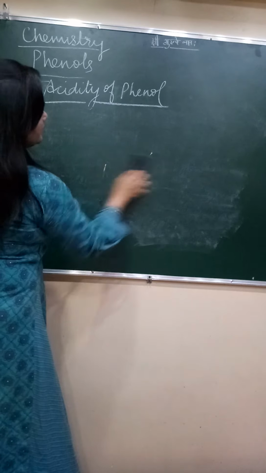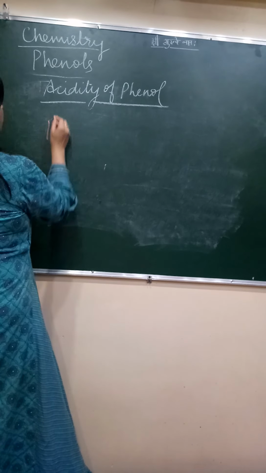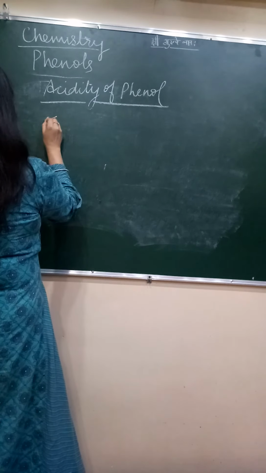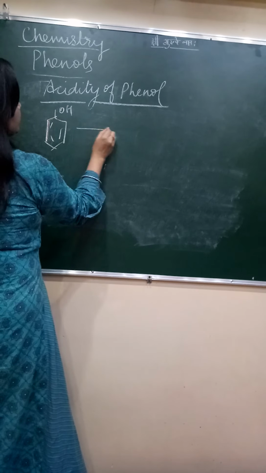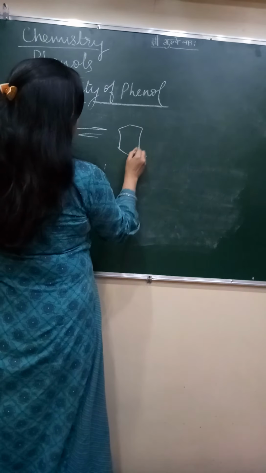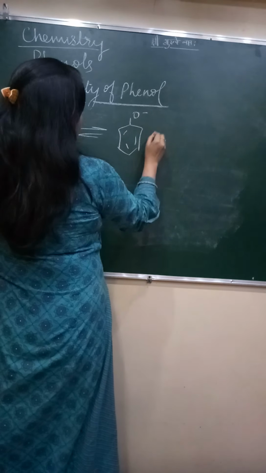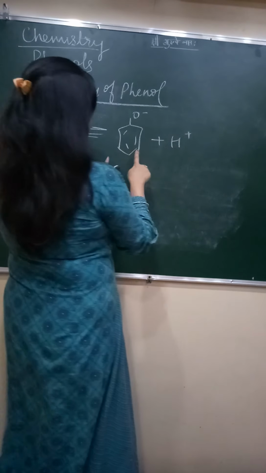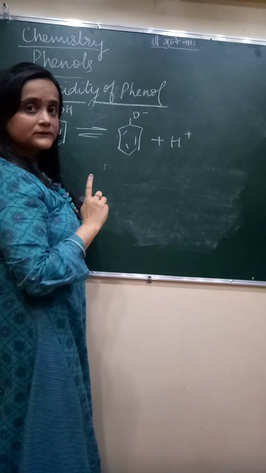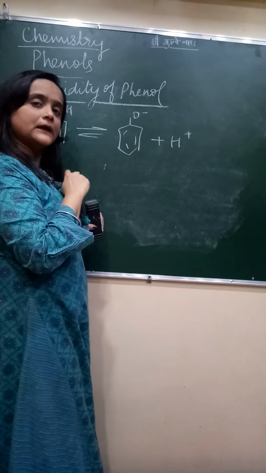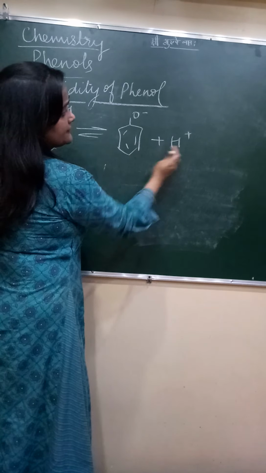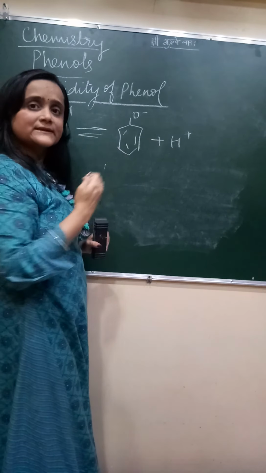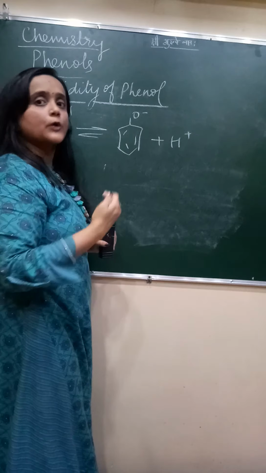So first of all, as I told you, this is phenol, and it dissociates into a phenoxide ion. Now this phenoxide ion should be stable. Otherwise, as happened in alcohol, if it is unstable, it will attract the proton towards itself again, so it will not be acidic.